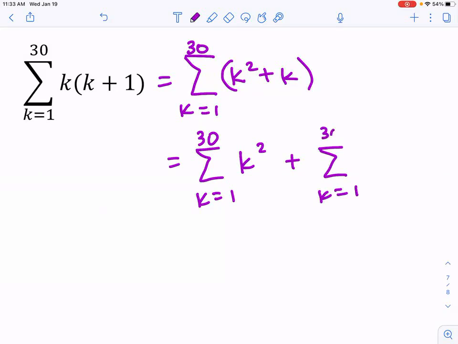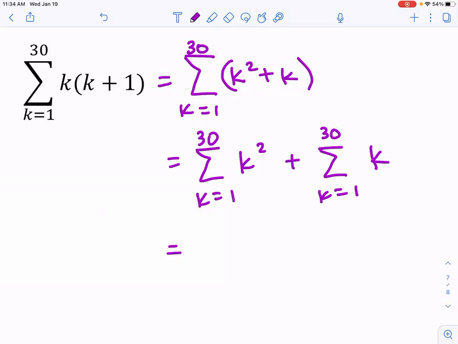Now we can use 2 shortcuts. Is there a shorthand for sigma? My hand's cramping. Okay.